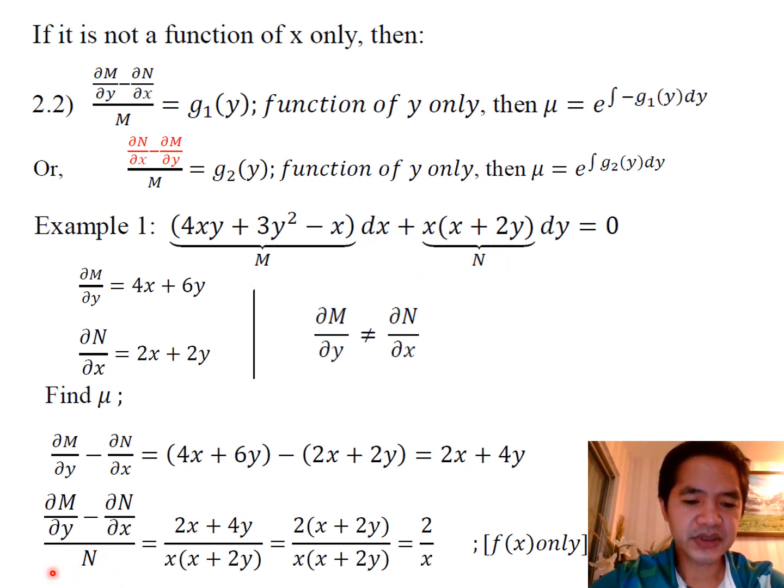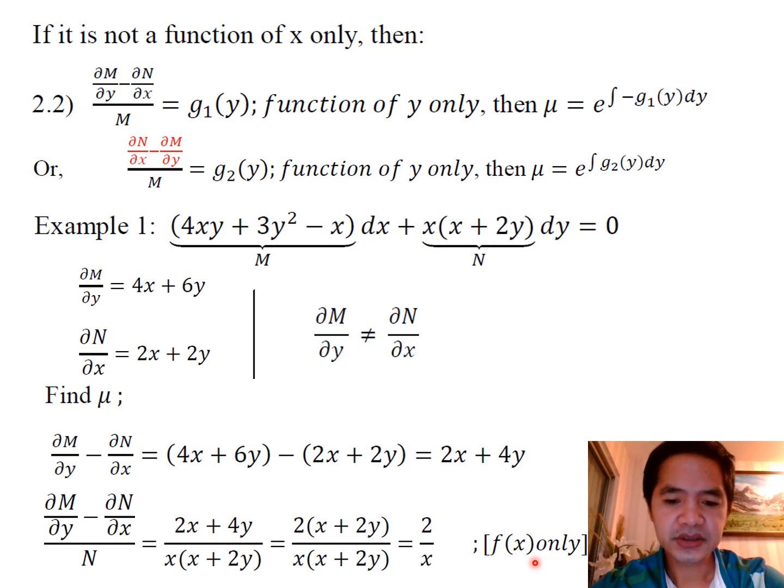In this case we divide by N: 2x plus 4y divided by the N function. N is x times (x plus 2y), so you get 2 over x. See, here is a function of x only, you don't see y in this form.